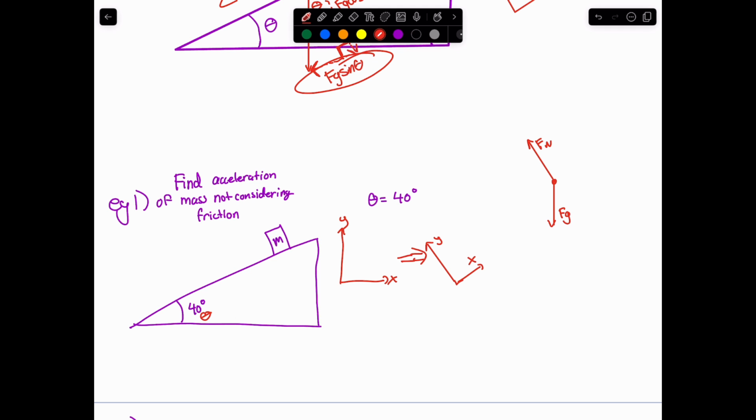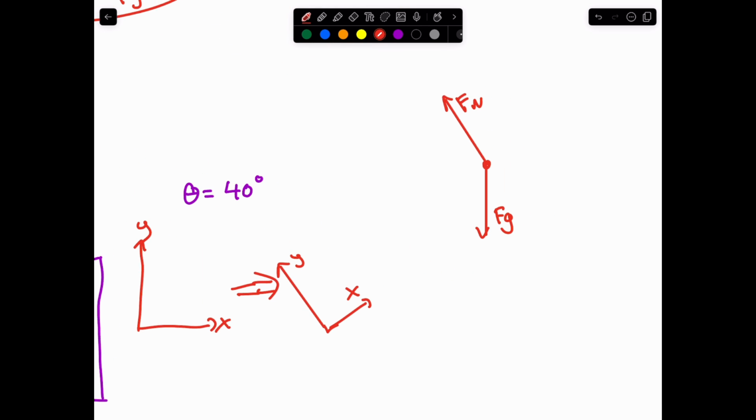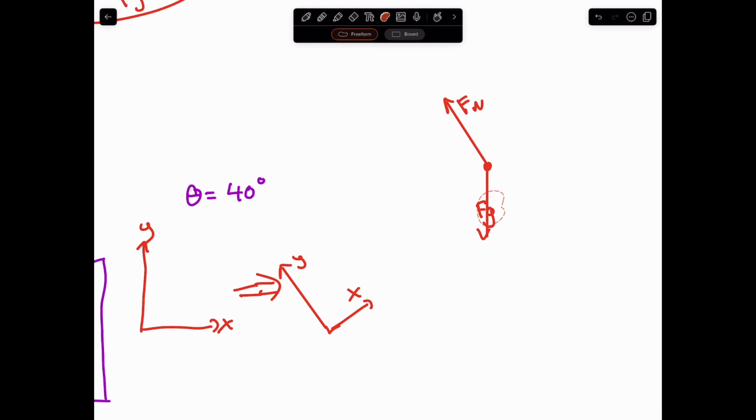It's basically to align our axes with the other forces that aren't force of gravity, because force of gravity, we can set up a triangle that's very easy to analyze. So let's do just that. If we go back to our FBD, we can move this. We can make that triangle once again using our new axes to find FG, the y component, and FG, the x component.